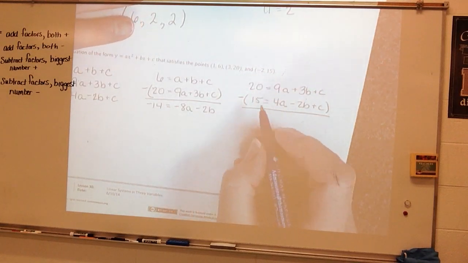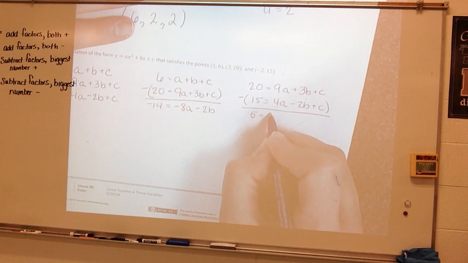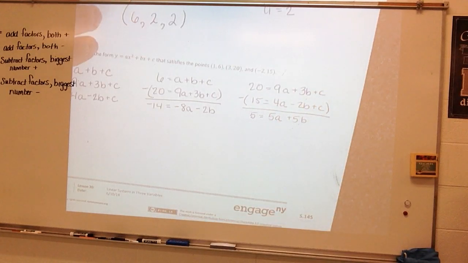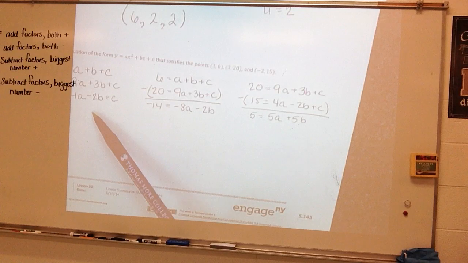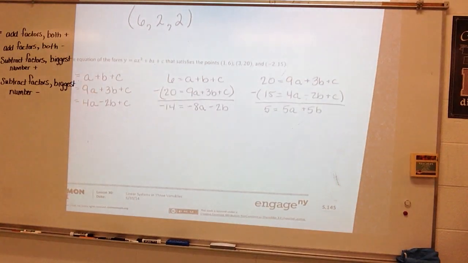So 20 minus 15 is 5. 9 minus 4 is 5a. 3 minus a negative 2 is 5b. And then c minus c is 0. So now I have a new system of equations. I now have 2 equations that have 2 variables.